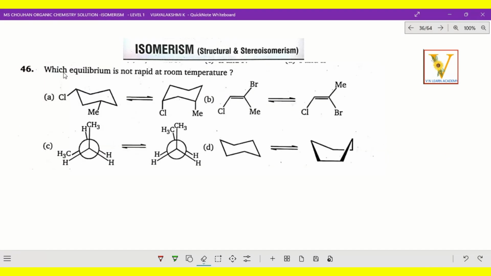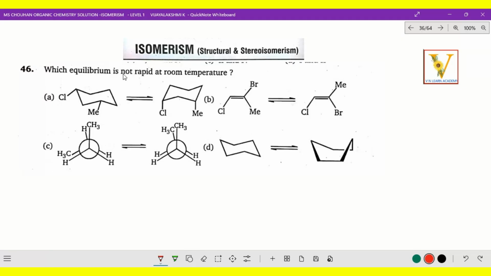The next question: which equilibrium is not rapid at room temperature? Usually, we can find the equilibrium in conformations, where there is free rotation about a single bond. You can identify that very easily.